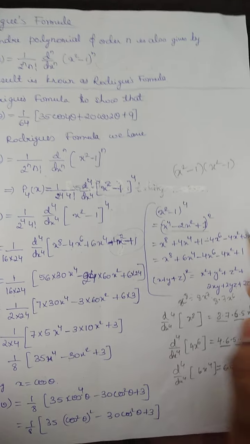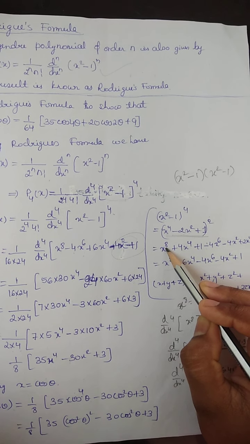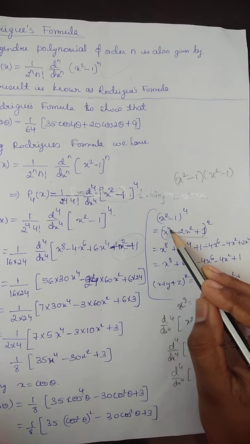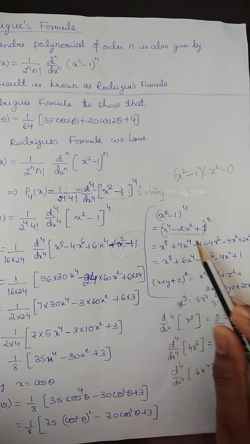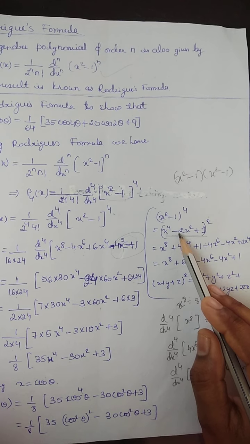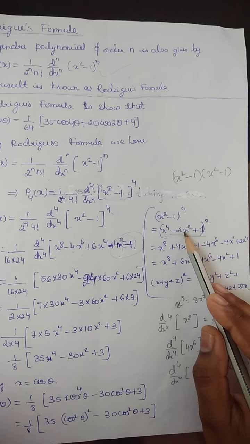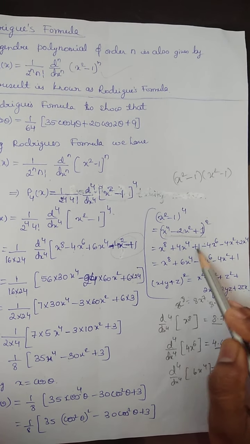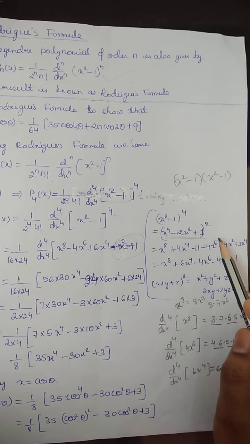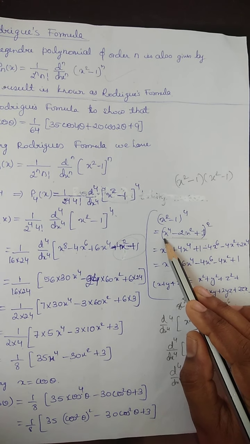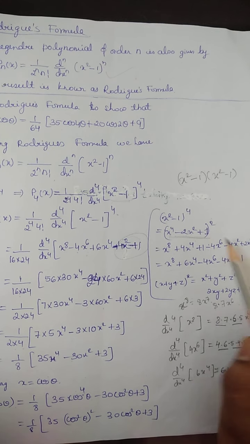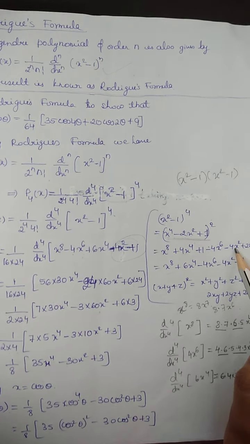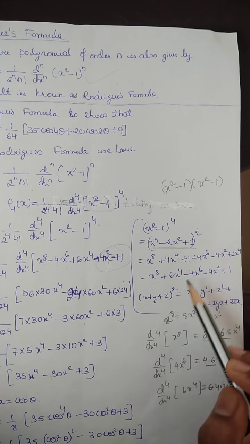This is the formula. Now x raised to 4 whole square is x raised to 8. Using this formula you can split the terms: minus 2x square whole square is 4x raised to 4, plus 1. For 2xy, this and this we multiply, so minus 4x raised to 6. Then this and this, so minus 4x square plus 2x raised to 4.